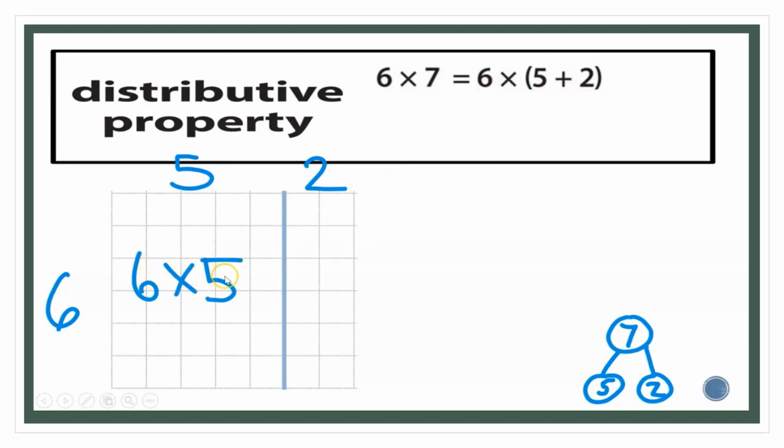So 6 times 5, that's one I know pretty well, and I know that that product is 30. 6 times 2 is pretty easy for me too. 2 equal groups of 6, or 6 groups of 2, whichever way helps me think about it best, will get me to a product of 12. 6 rows times 5 columns plus 6 rows times 2 columns.